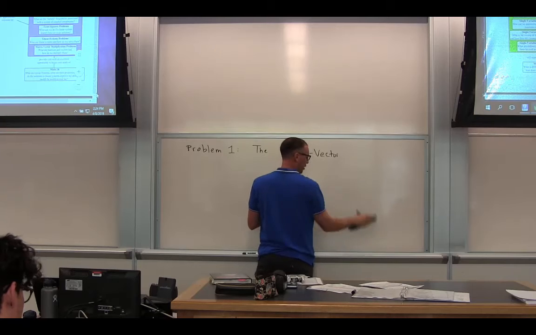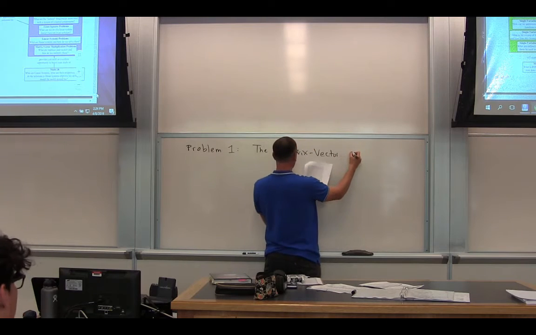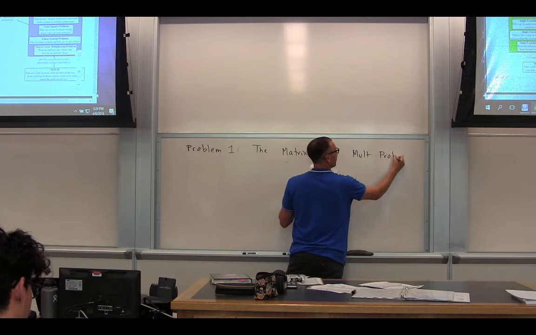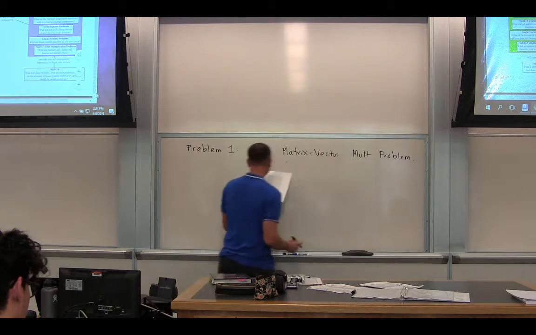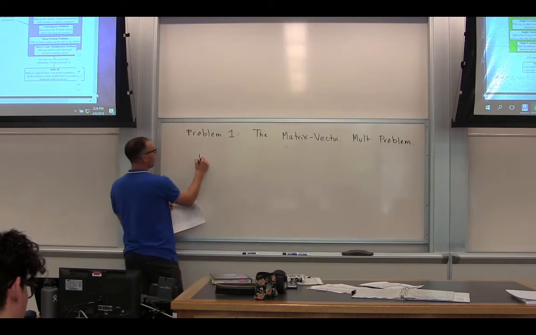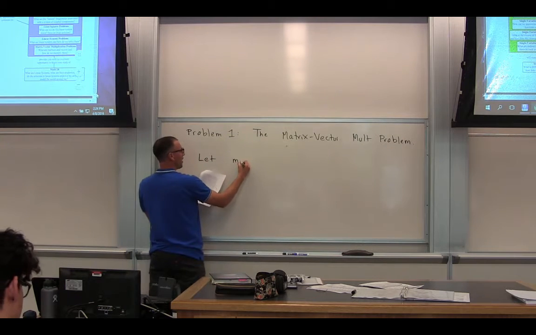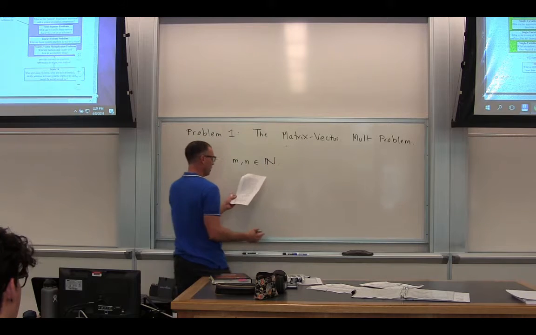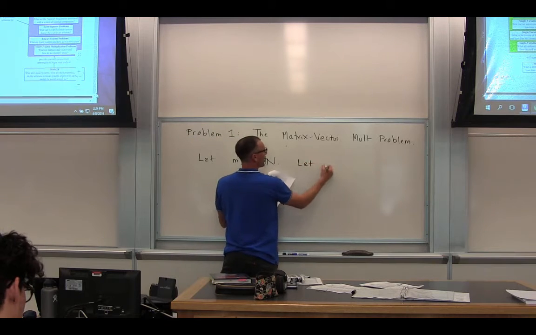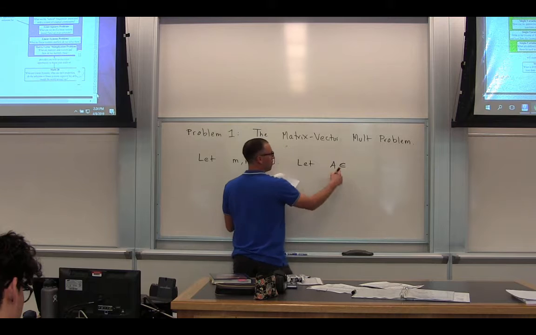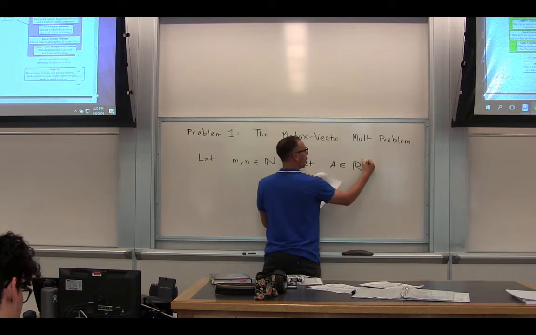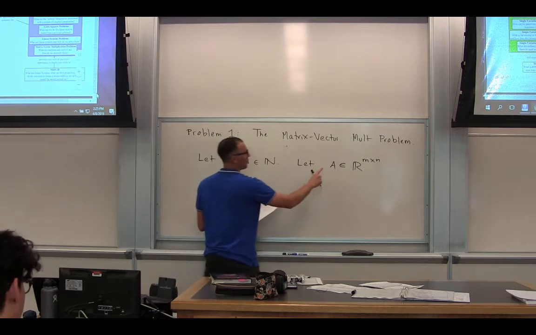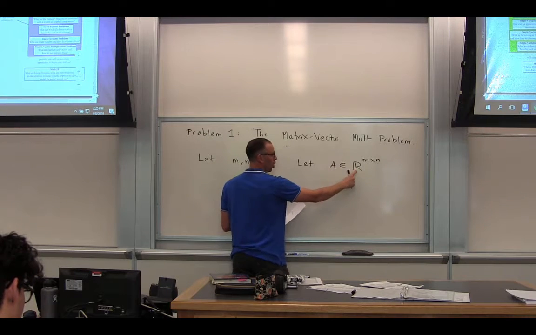So the first problem that we're going to solve after we solve the modeling problem is the matrix vector multiplication problem. Okay, and when we solve this problem, we're going to say let m and n be natural numbers. We'll talk about this notation in lesson 1. And then we're going to say let A be an element of R m by n. So the way that we read this is let A be an element of R m by n.